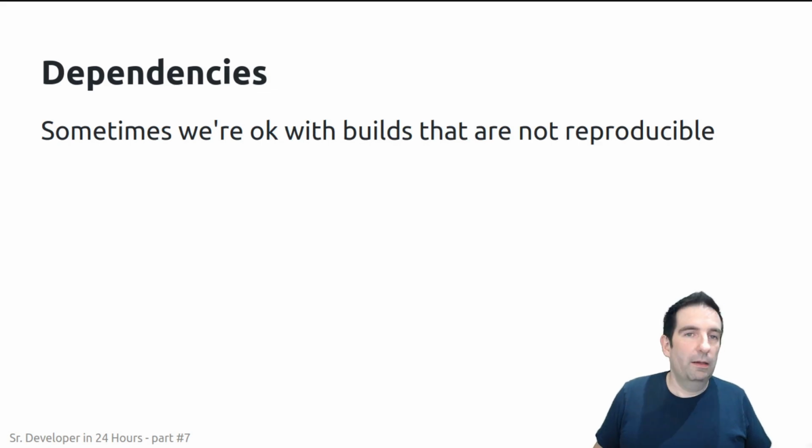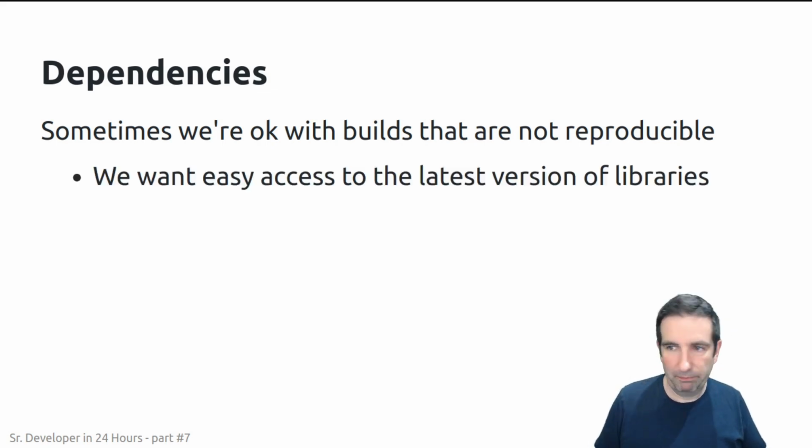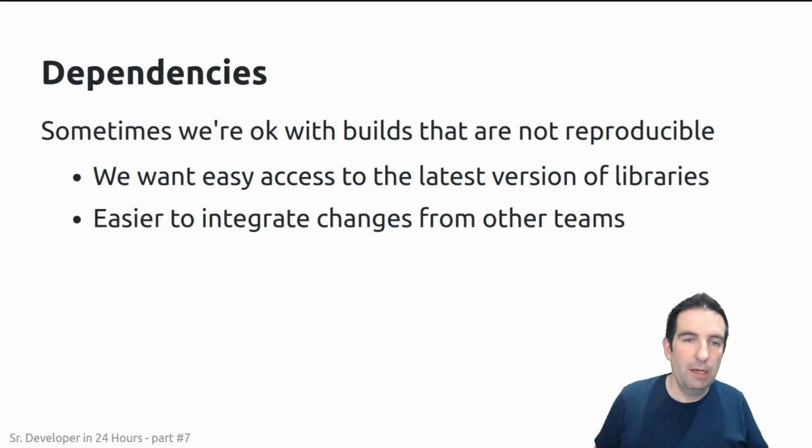All right, so let's keep in mind that sometimes we're okay with builds that are not 100% reproducible. In some cases, we want to have easy access to the latest versions of the libraries. Why is this? Because we want an easier way to integrate changes from other teams into our application.